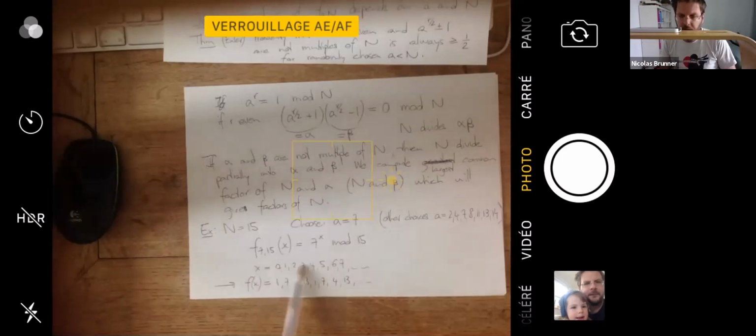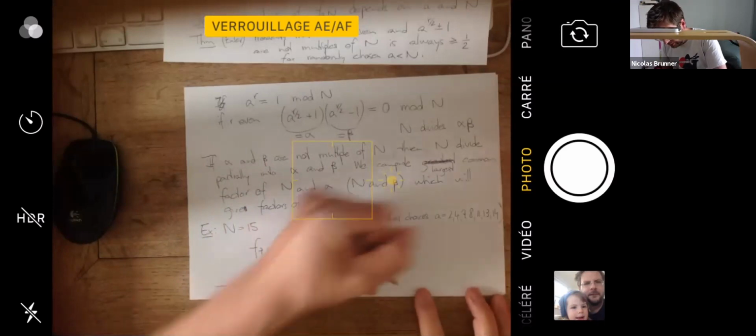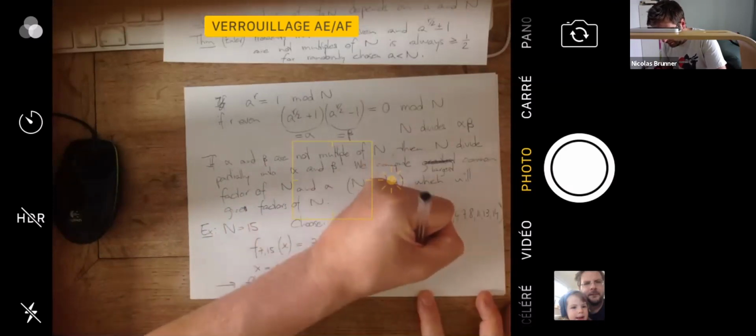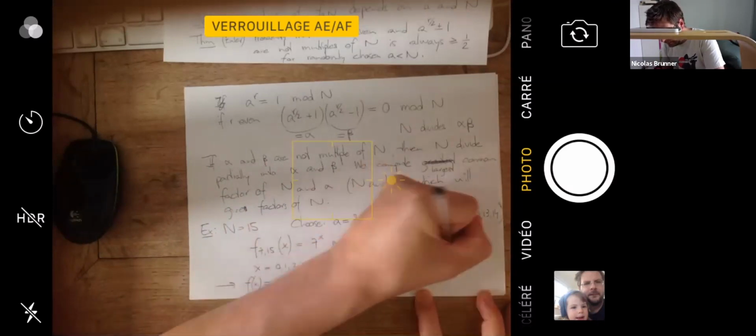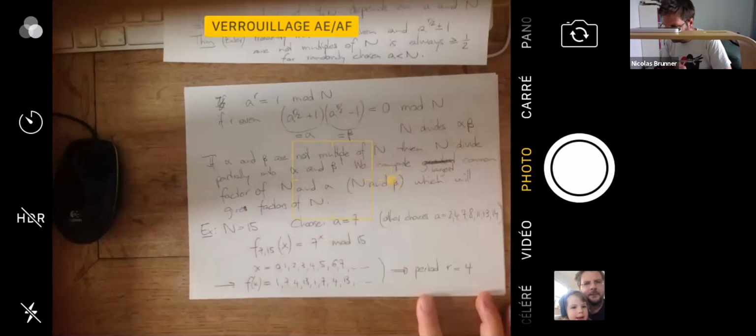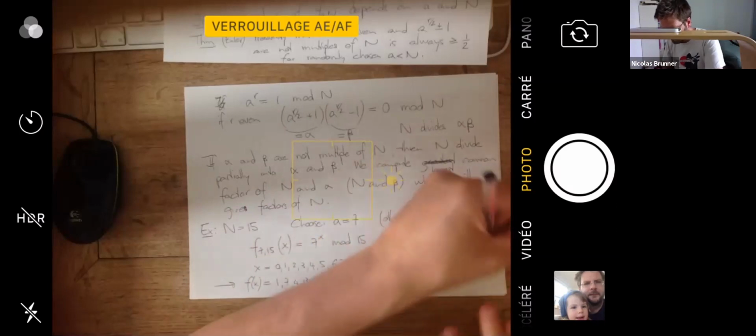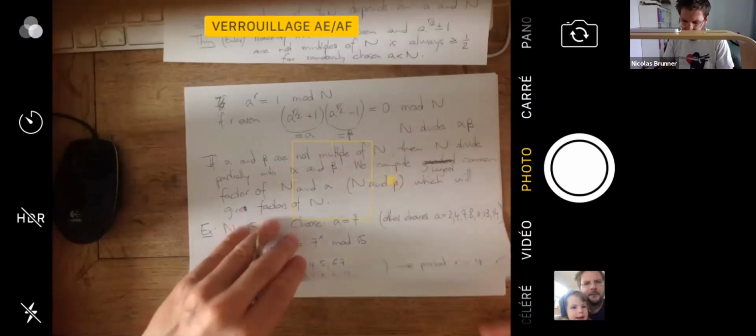You can check, or just trust me, that this is the result of this function. And you see out of this, the period is r equal 4. It's an even period, so this is good.